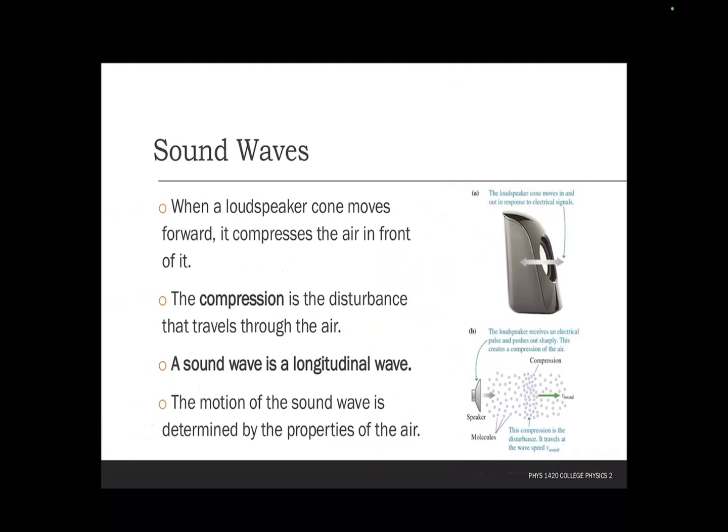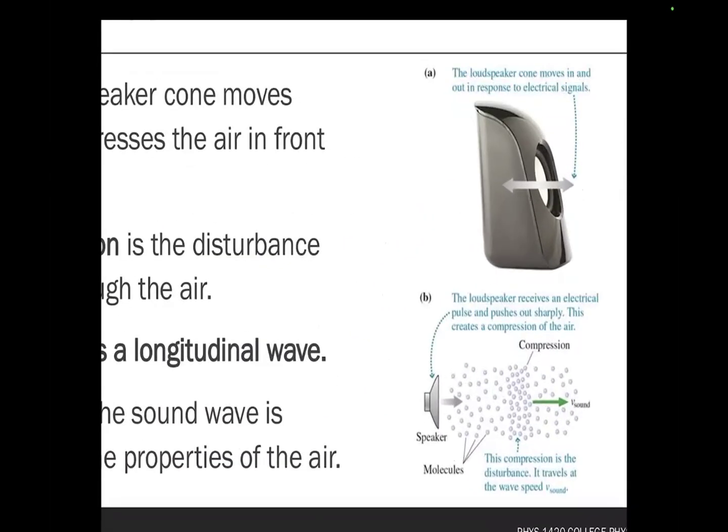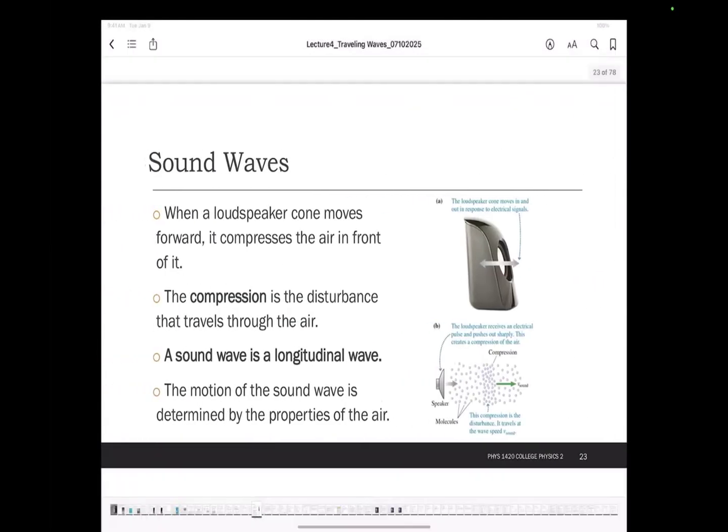This sound wave is a longitudinal wave. If you know what a speaker looks like, it is similar to a drum, and it moves in this direction: right, left, right, left.